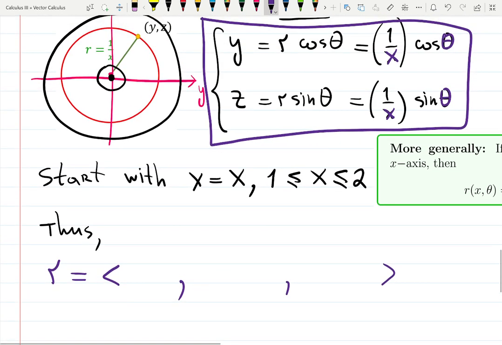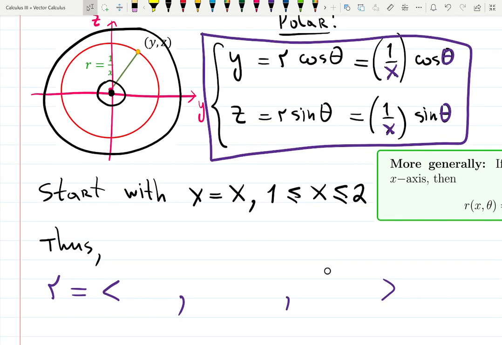What is the second variable? It's y. Y is 1 over x cosine theta. So the second coordinate, the y coordinate, is spinning using the cosine rule with the radius 1 over x. The third coordinate is spinning using the sine function and the radius 1 over x.